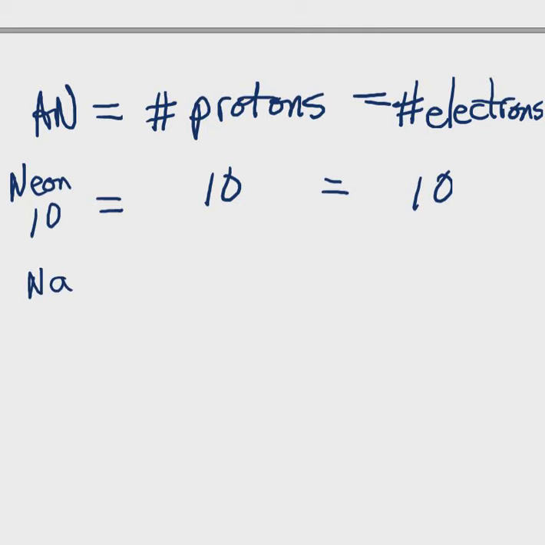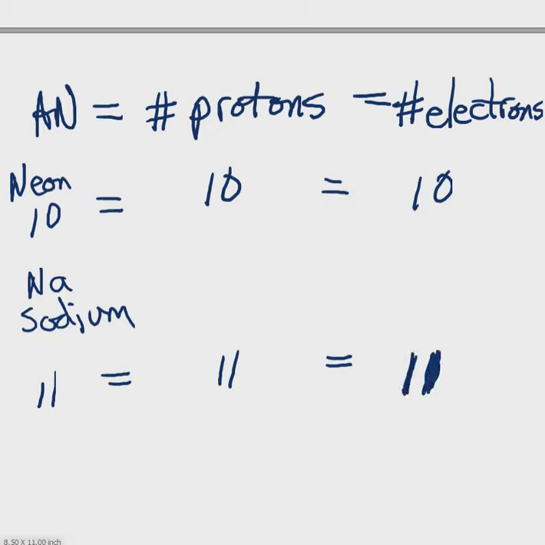I think it's for natrum, which is Latin. And sodium has an atomic number of 11. The number of protons would be 11, and the number of electrons normally would be 11.